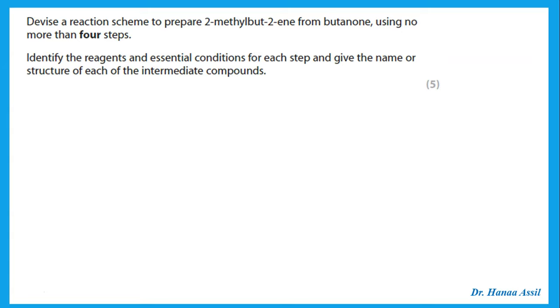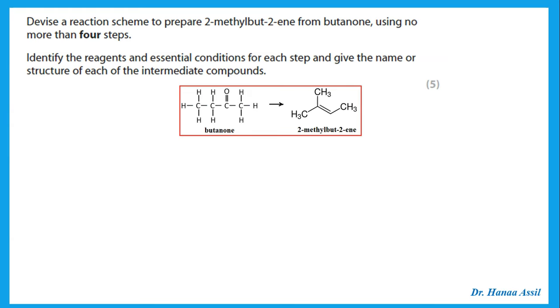Again, this question says, devise a reaction scheme to prepare 2-methylbutene from butanone using no more than 4 steps. Again, identify reagents, essential conditions, give the name or structure of each of the intermediate compounds. So we're starting with butanone, but we want to add a methyl group to that part.